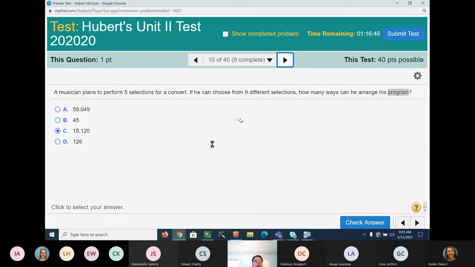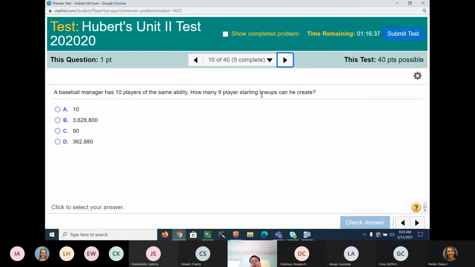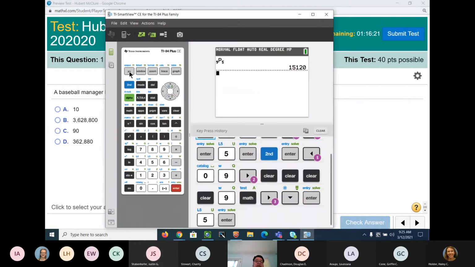A baseball manager has 10 players of the same ability. How many 9-player starting lineups can he create? Now, this one is a little bit more pro permutation, I believe. 10 permutation of 9. So take your handy dandy calculator. I made some of these kind of easy. I think I need to go back and change it.